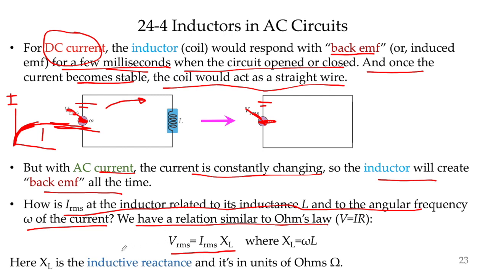For inductors we have inductive reactance, just like that. The formula for that is omega times L. L is the inductance of this inductor, so it's basically a number for that inductor. And again, this inductive reactance is in units of ohms.